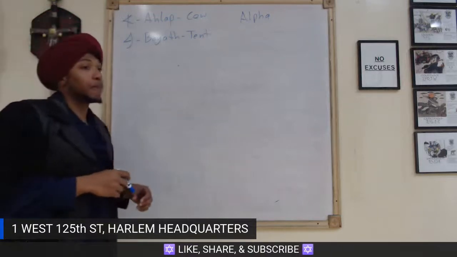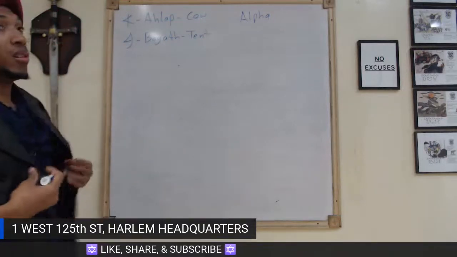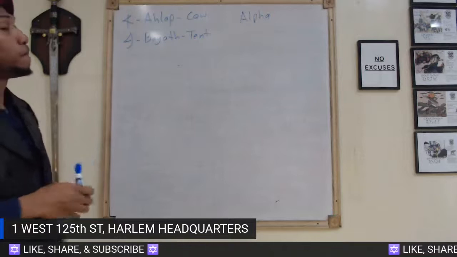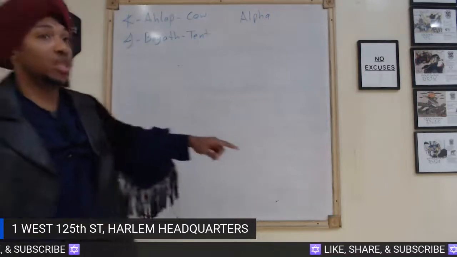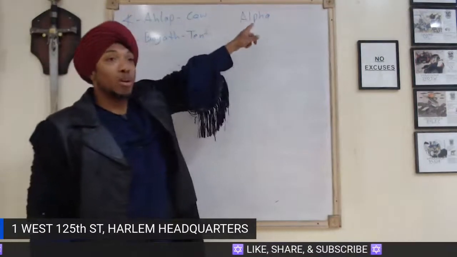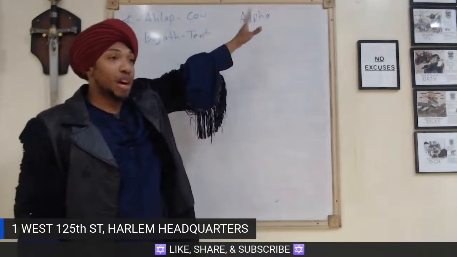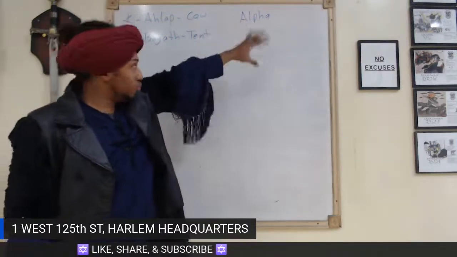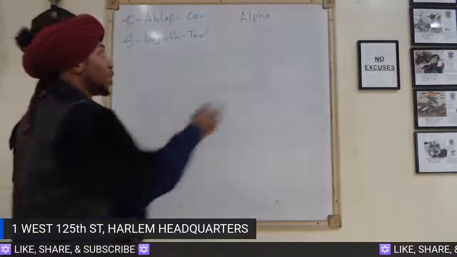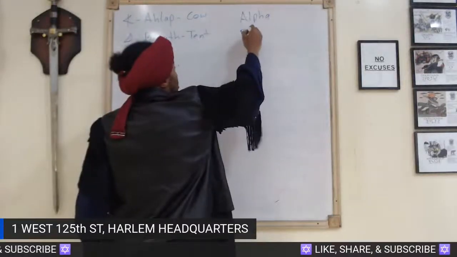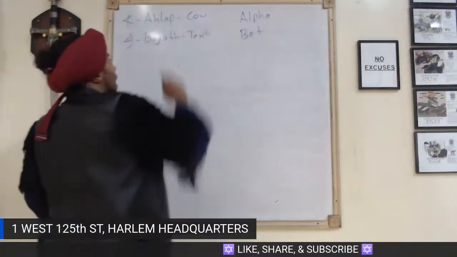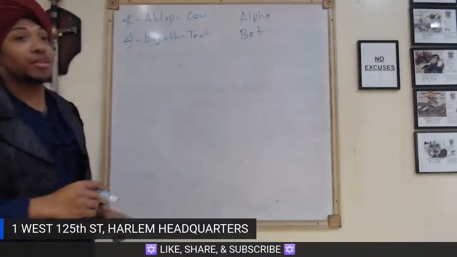The Hebrew alphabet is the oldest in the world still in use today. Our own alphabet, English, which is born out of Greek, Greco-Roman alphabet. They call it alphabet because it's really this: alpha is aleph and bet is bayt.